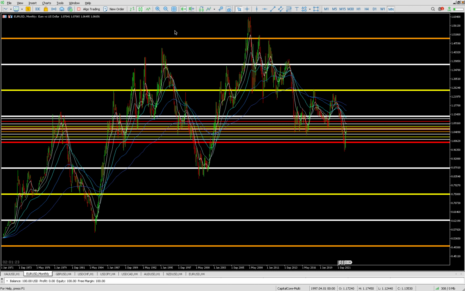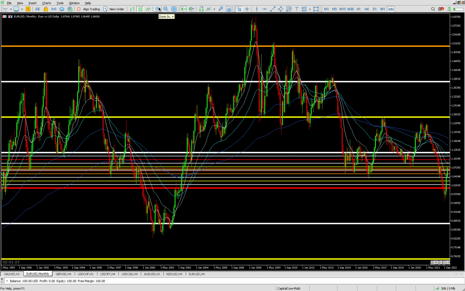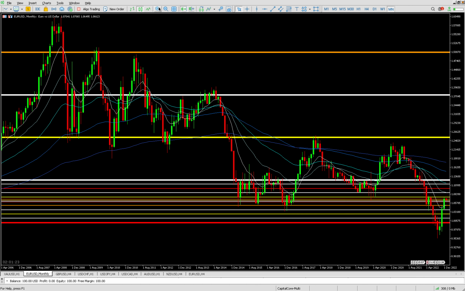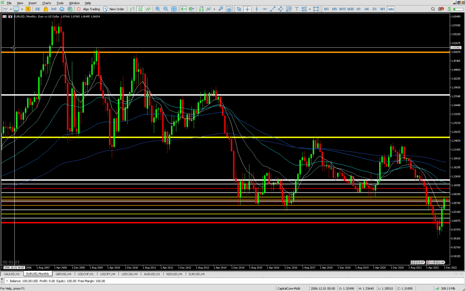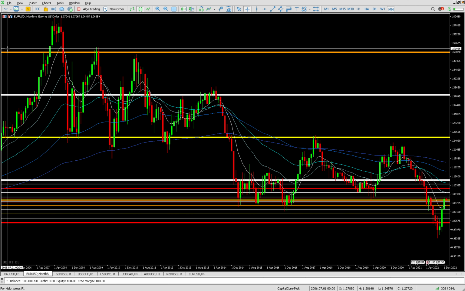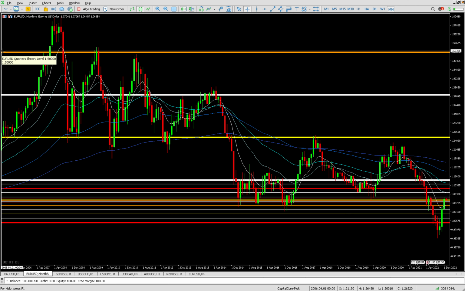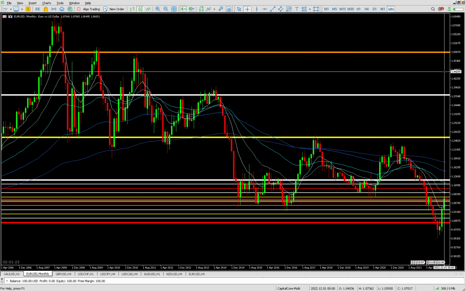Okay, so now let's zoom in a little bit. We're on the monthly chart, so this is a long time. This is 2006 to 2022, so a very long time. Almost 20 years.